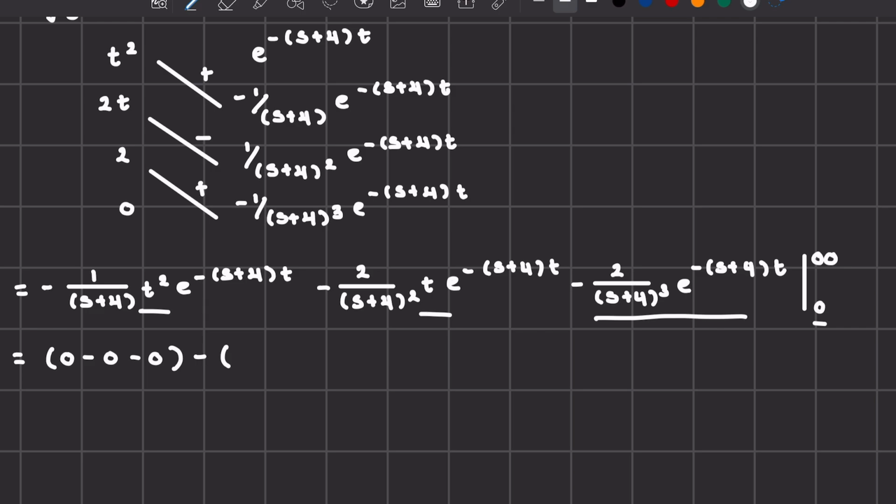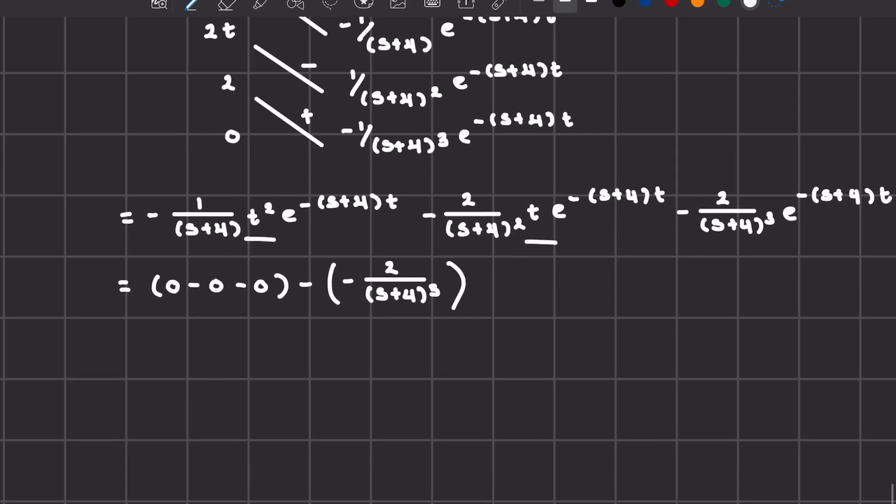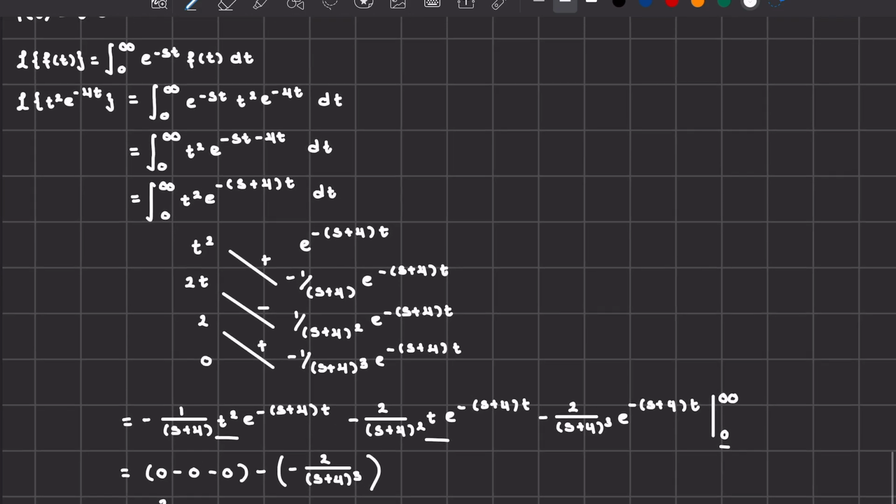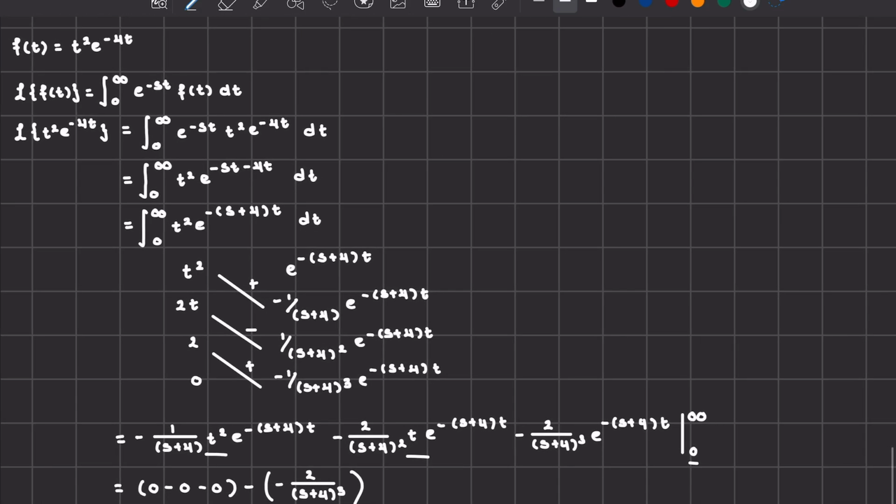We have here e to the negative 0, which is just 1, and so we're just left with negative 2 over s plus 4 cubed. And so our final answer here, we have 2 over s plus 4 cubed with s being greater than negative 4. And so this is how you solve for this example of f of t using the definition of Laplace transform.